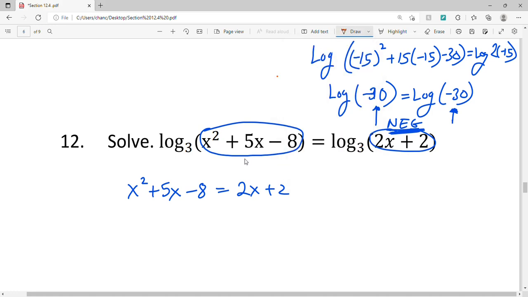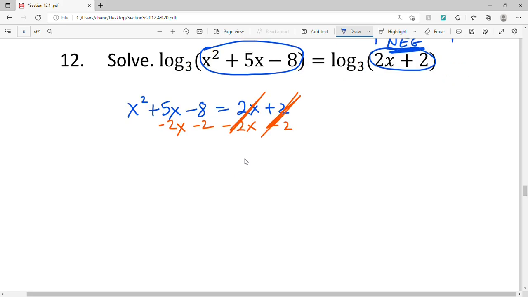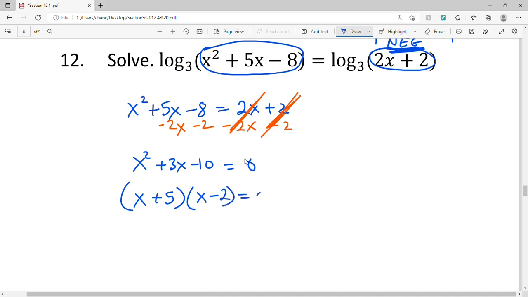We'll start by subtracting 2x to both sides, and let's also subtract 2 to both sides. This gives me an x squared plus 3x minus 10 is equal to 0. And fortunately it factors as x plus 5 times x minus 2 is equal to 0.